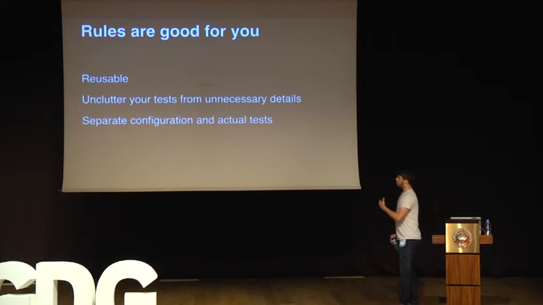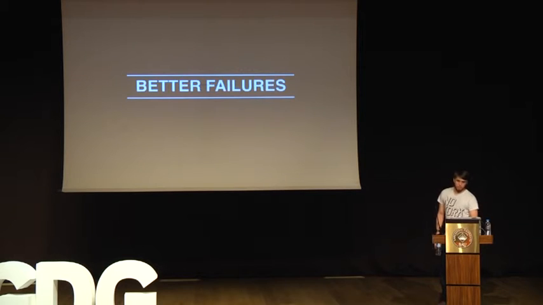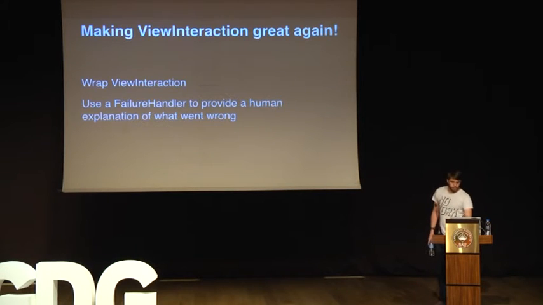Using these rules, you don't have to write all of this code over and over again. If you find a bug in your test rule, you just have to modify one. And it separates the configuration from the actual test, which is always a good thing. Separation of concerns. Better failures. This one is really easy to put in place.